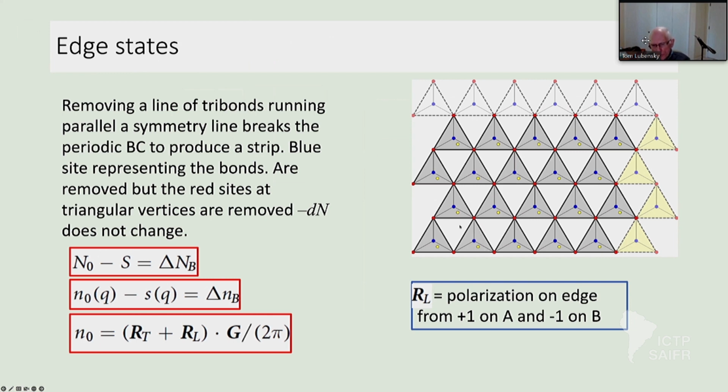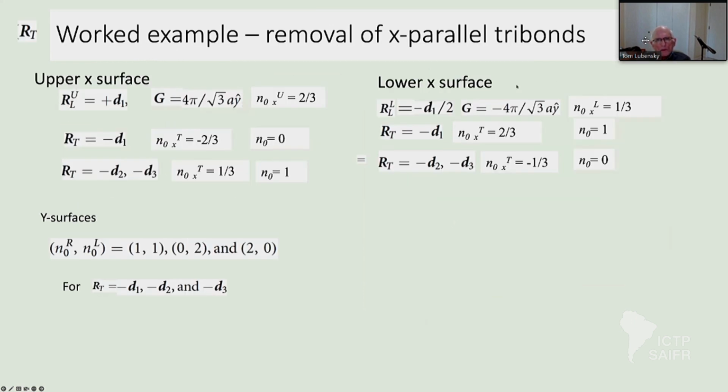So you might as well just use minus 1/3 D1. So that gives us that M0x is 1/3, not 2/3. When RT is minus D1, M0T for this one is plus 2/3. So the total M0 is the sum of those, which is 1, and we get what we want.